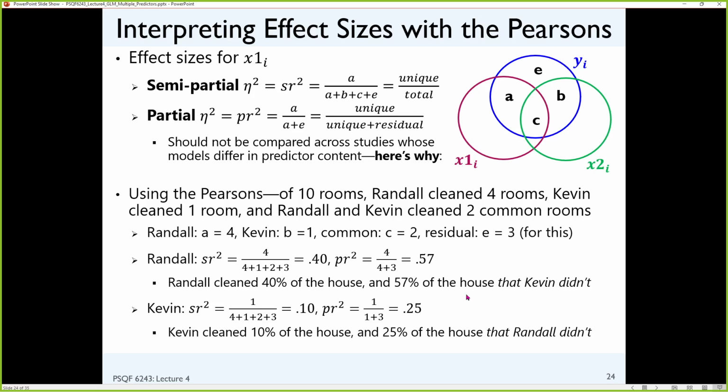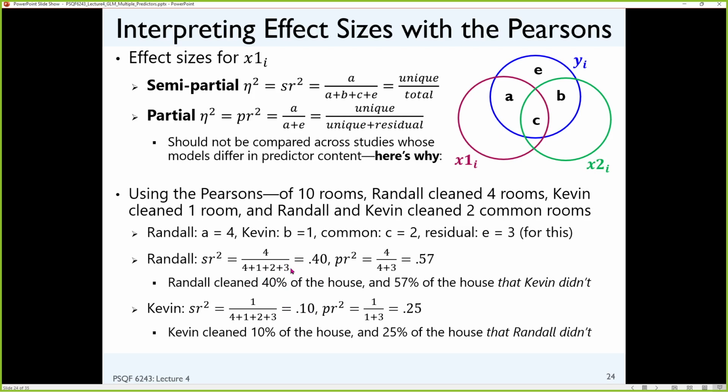Because otherwise it's a sliding scale based on what happens to residual relative to the rest of the model. So if I bring in Kate, right, she's the third member of the big 3 in the family here, and Kate cleans another room. Randall and Kevin's effect sizes with respect to semi-partial eta squared would stay the same. Because the denominator stays the same.